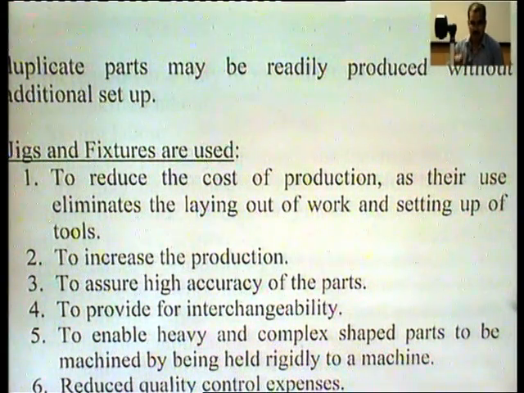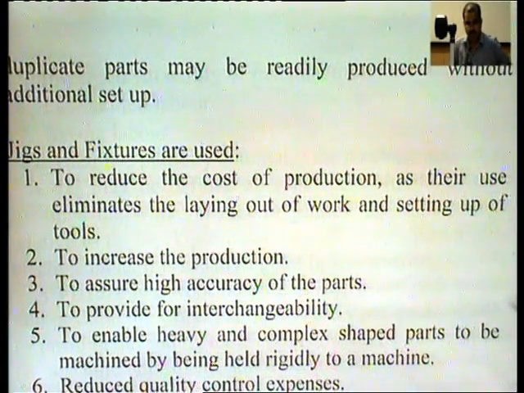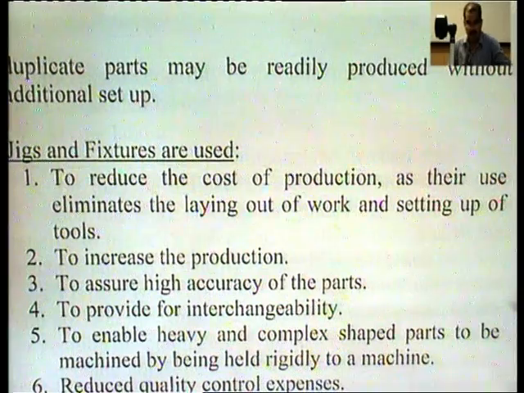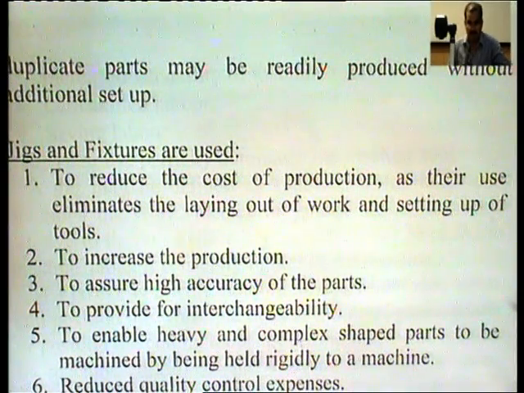Thirdly, to assure high accuracy of parts. Fourth, to provide interchangeability. Fifth, to enable heavy, complex shaped parts to be machined while being held rigidly to a machine.